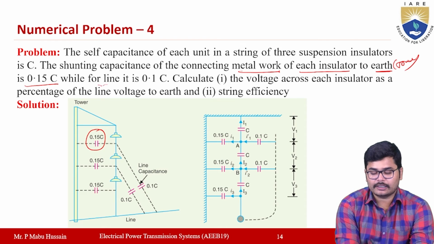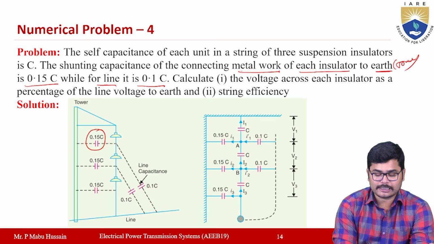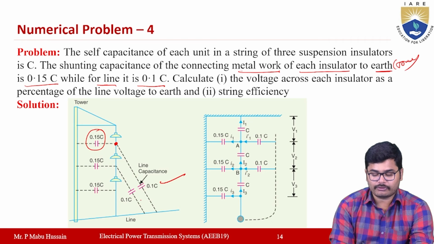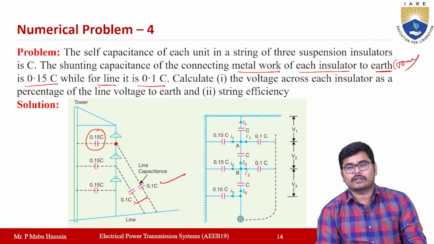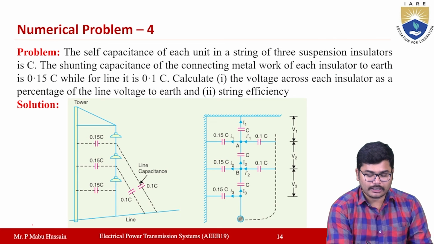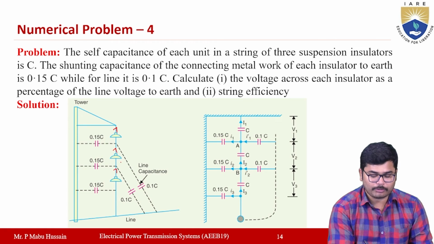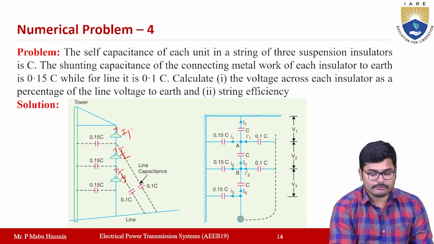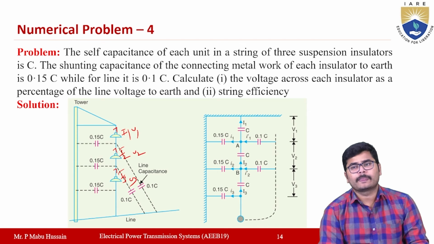While for the line it is given as 0.1 C, from the same point to the line. Now you have to assume the direction of currents. Let us assume the current flowing through each insulator disk from top to bottom, with insulators numbered 1, 2, 3. The current through the first insulator is I1, second I2, third I3, and the voltages are V1, V2, V3.